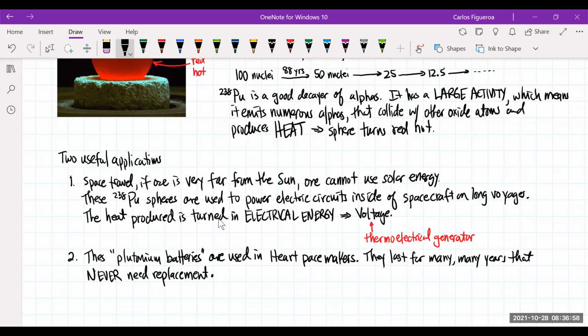But again, what's it emitting? It's emitting alphas. Now, the sphere has a high activity. You do not need such a high activity for a heart pacemaker. It's a small battery. But remember, alphas are what? They get stopped really easily. So therefore, it doesn't hurt you in the long run.